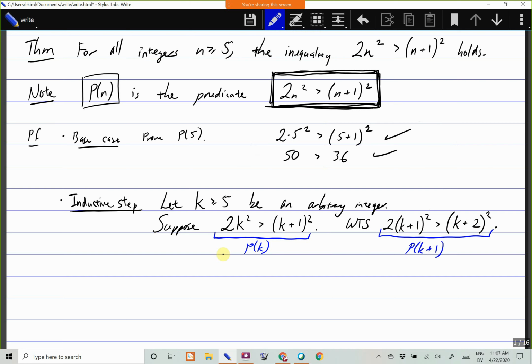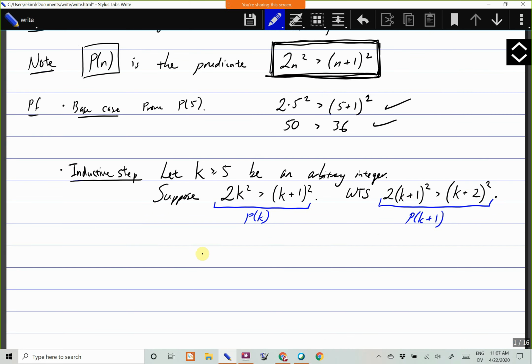I know it's not very usual for us to be proving inequalities. We've been doing a lot of equality proving, but same general principle. So I'm going to start with one side and then show that it's bigger than the other side. I'm going to start with 2 times (k plus 1) squared. Well, what's that equal to?